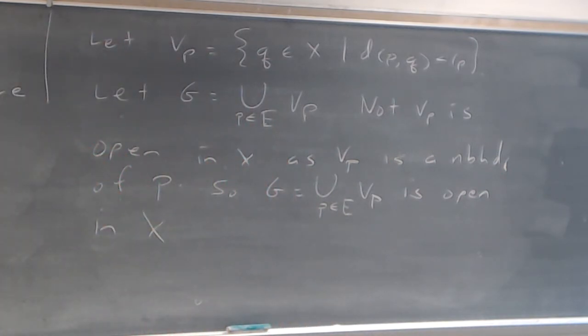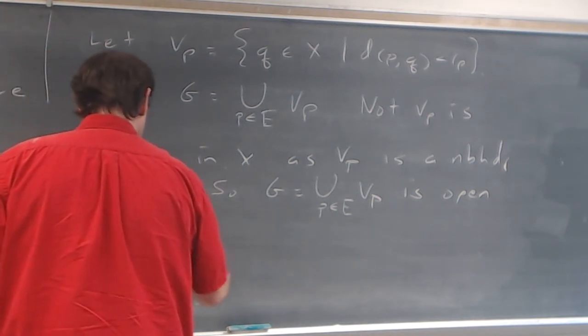Now what we need to do is show that E is contained in Y intersect G, and that Y intersect G is contained in E. So here's what we'll do.